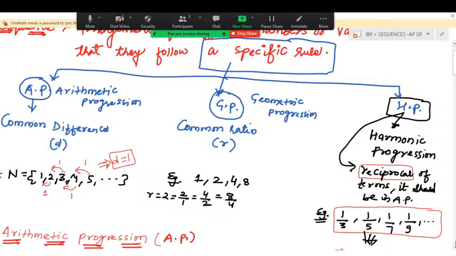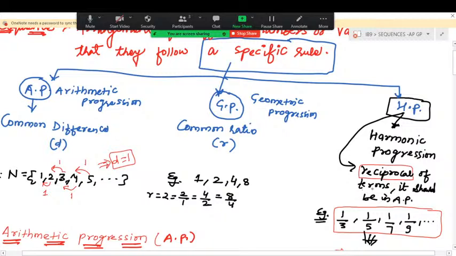And if an AP is obtained by reversing all the values, you will call it HP.